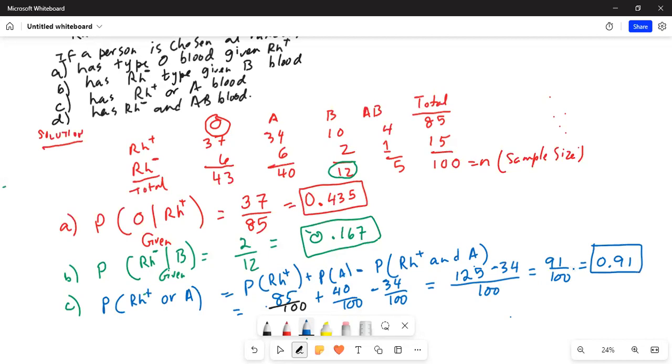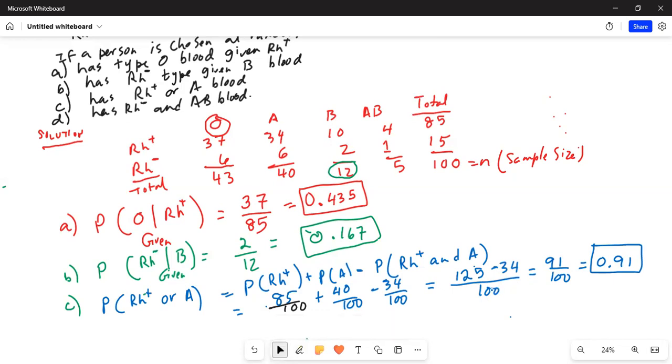The probability of A is 40 out of 100. The number 34 has been added twice, once in getting the total of the first row, another time in getting the total of the second column. So therefore 34 is subtracted once. And the answer is 125 minus 34, which is 91 out of 100, or 0.91.